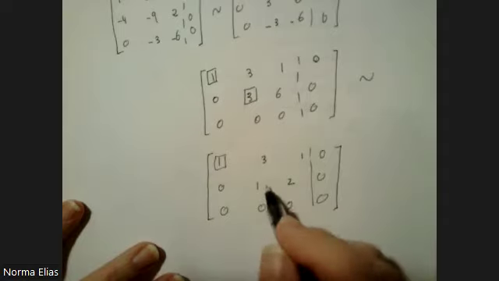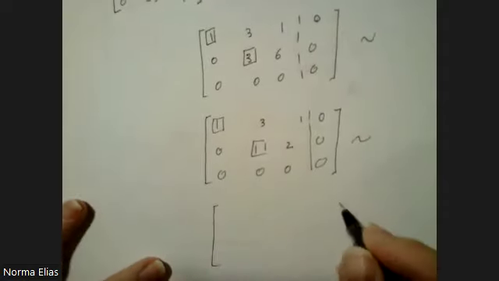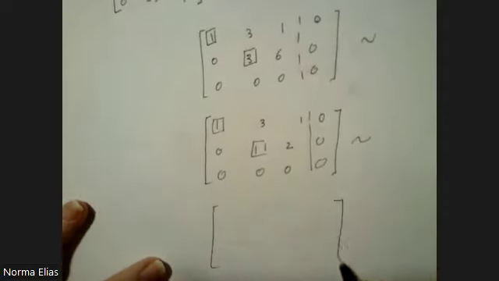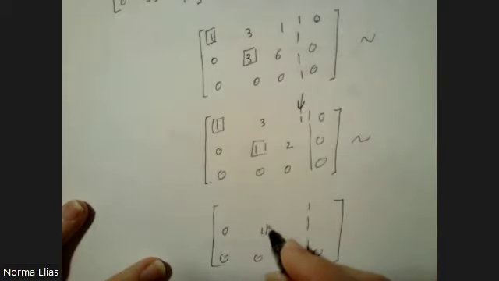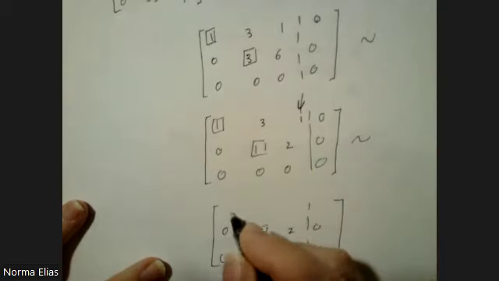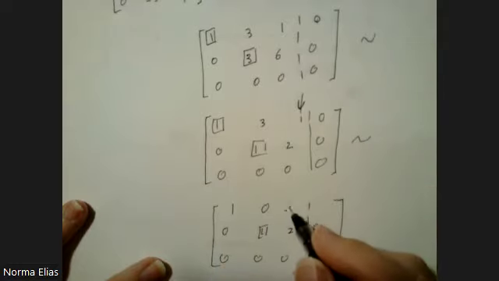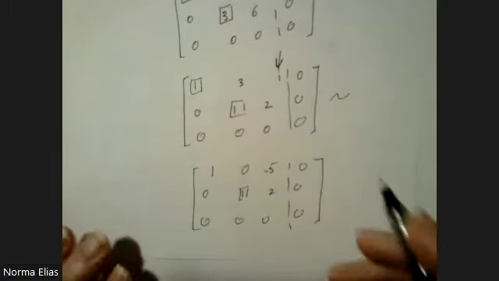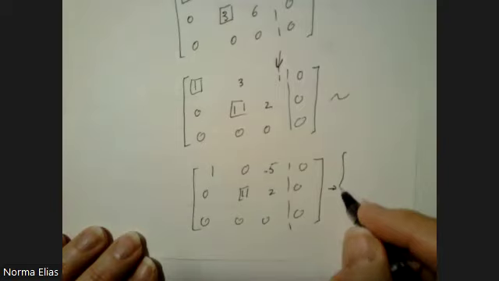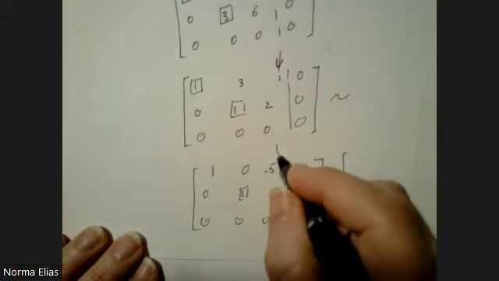So we're almost at the reduced echelon form. The last row, and immediately we know that we have a free variable. It's homogeneous, so the solution exists. Minus 3 plus 3 is 0. Minus 6 plus 1 is minus 5. So this gives me immediately that x3 is a free variable.